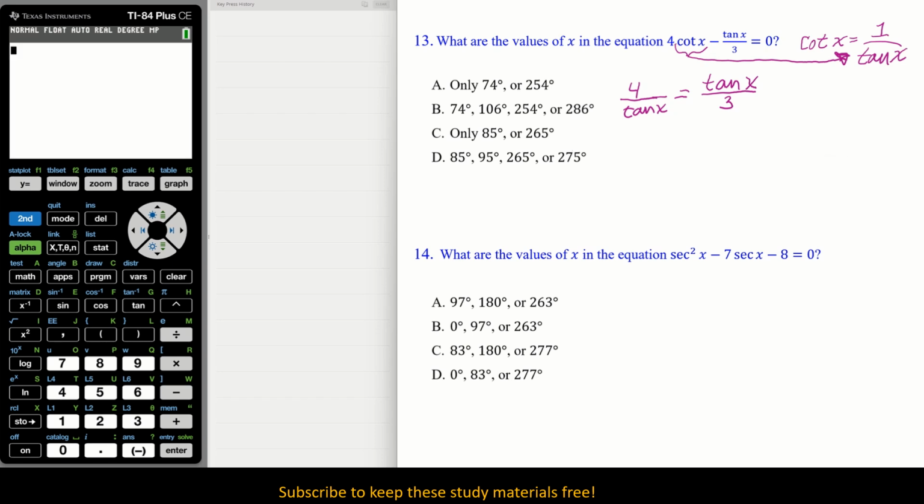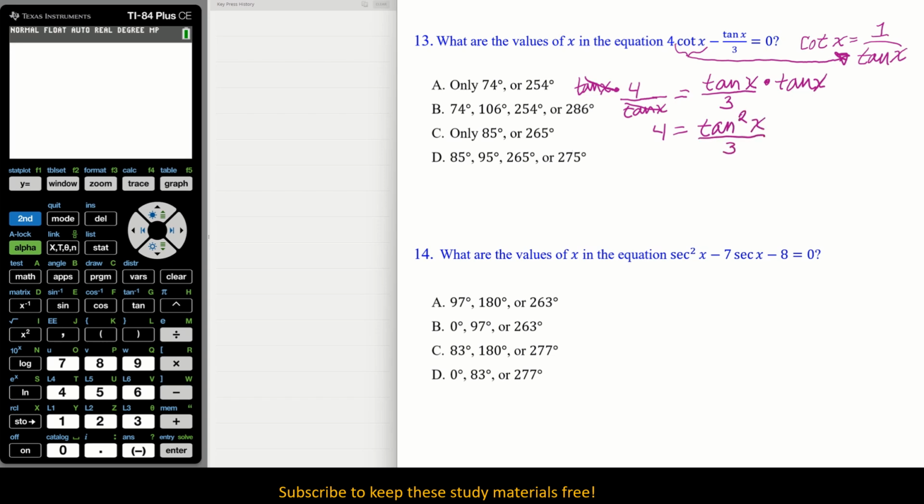We need to multiply both sides by tangent x. So this tangent and this tangent cancel out. So then we have 4 equals tangent squared x over 3.